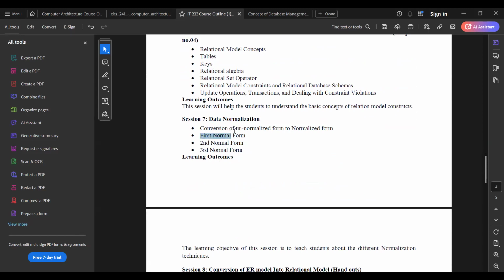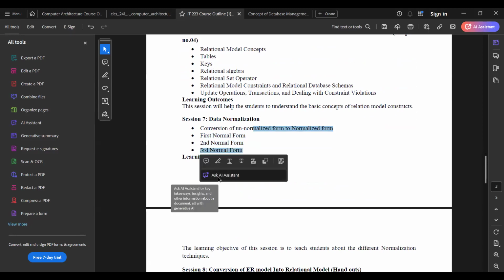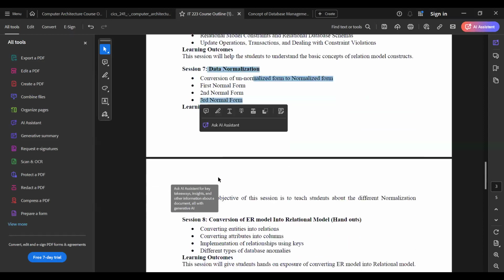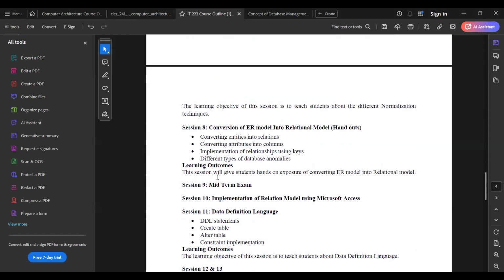So we will do first, second, and third order normalization. Why do we not do 4? Because once we do 4, the database will be too normalized, so the relationships, we cannot get them anymore. So we'll learn up to the third normalization.